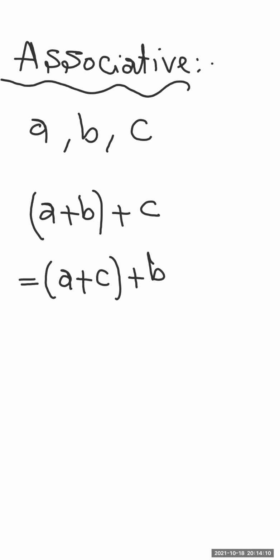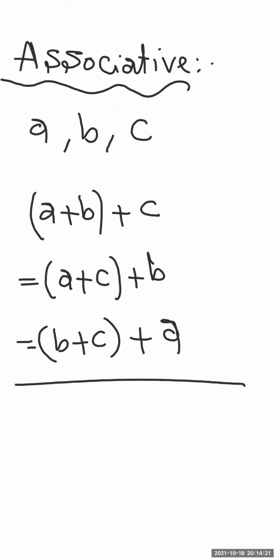So A plus B, then plus C equals A plus C plus B, and also equals B plus C plus A. All that are correct because 2 plus 3 plus 5 equals 10.